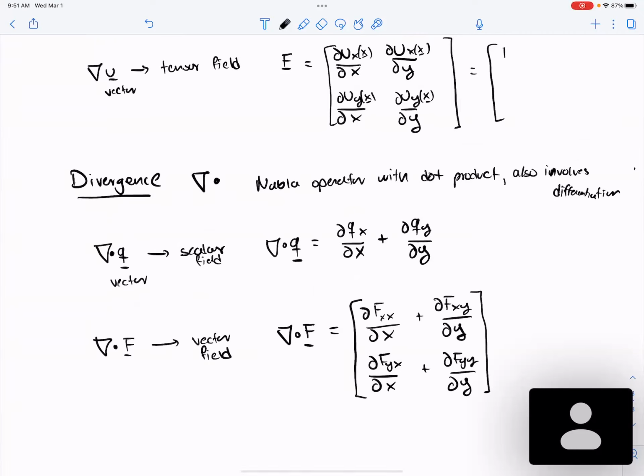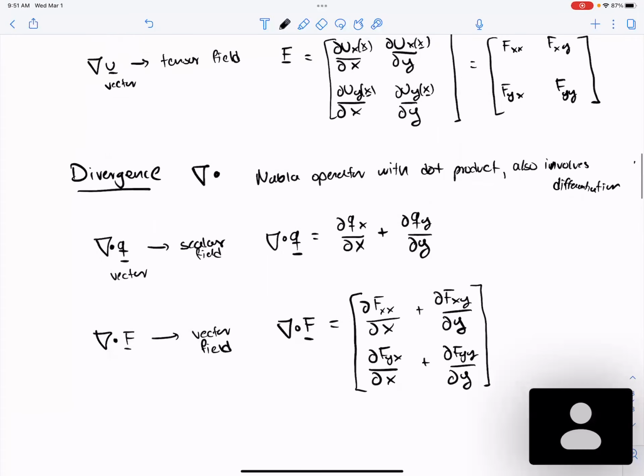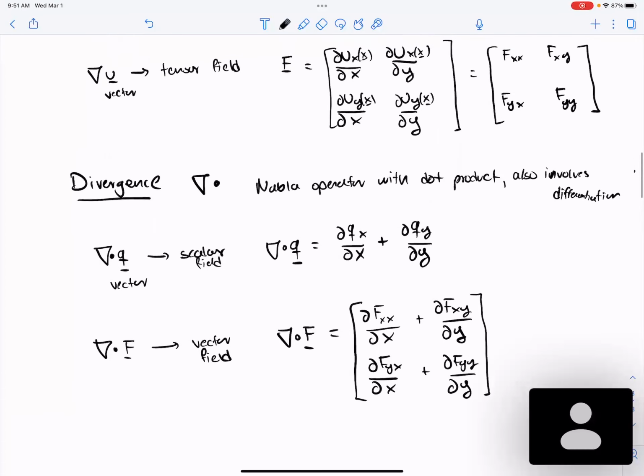Just to note what these are: the xx entry, the xy entry, the yx entry, the yy entry. Note that this is a vector. It has the same 4 components, but you can see that it's just 2 lines. It's a vector with 2 components.